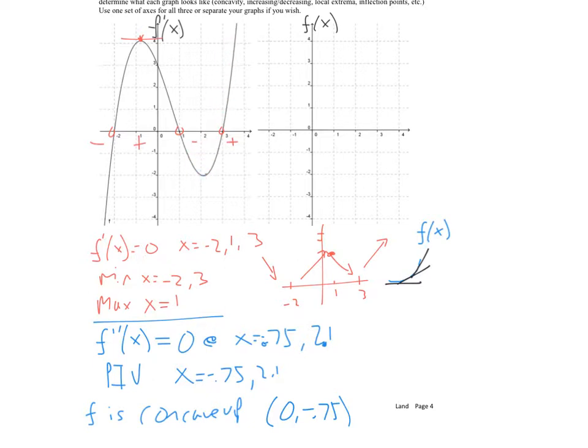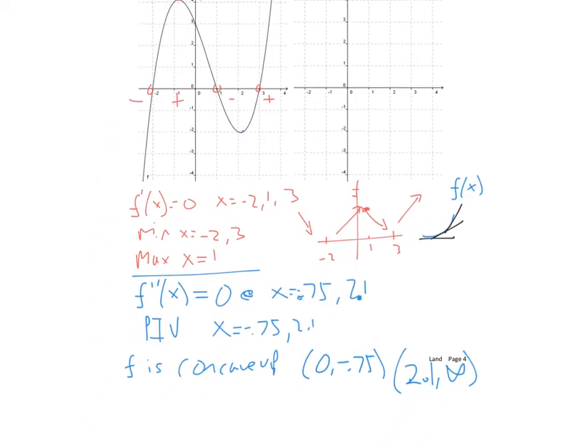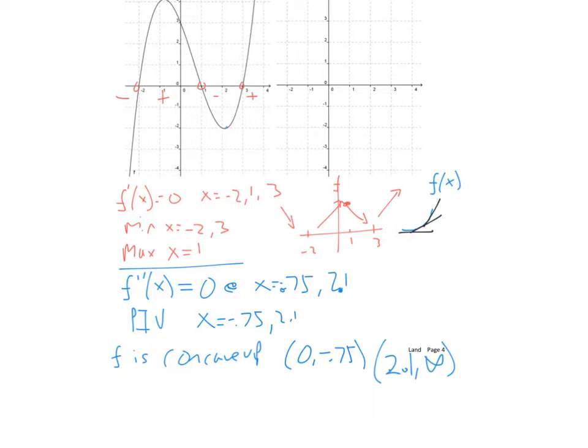And let's call that from 2.1. How about that? To infinity. All right, so there's concave up. And let's see, gonna run out of room a bit here. We got more. Okay, f is concave down.